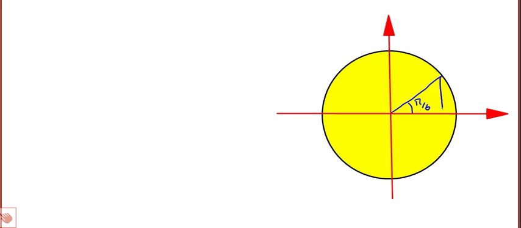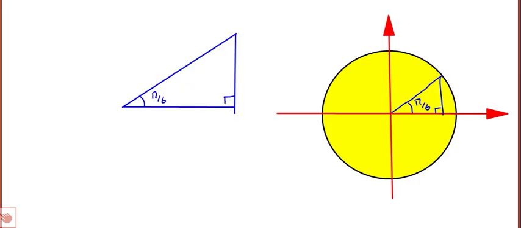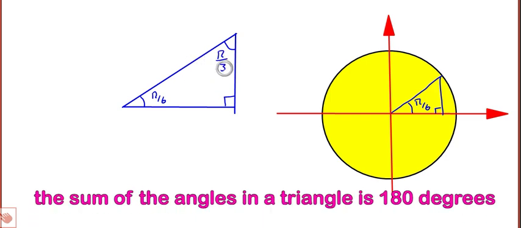If this is a right triangle and I draw the triangle outside like this, and if this angle is pi over 6 and this angle is 90 degrees, so this angle becomes pi over 3, because the sum of the angles in a triangle is 180 degrees.